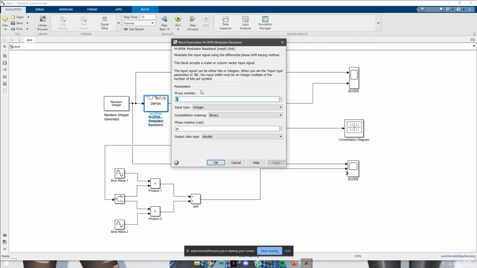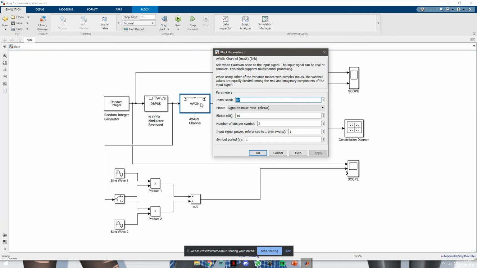DPSK modulator baseband: M-ary number we set to 2, input type integer, constellation ordering binary, and phase rotation we are using pi. Then we have to add white Gaussian noise.